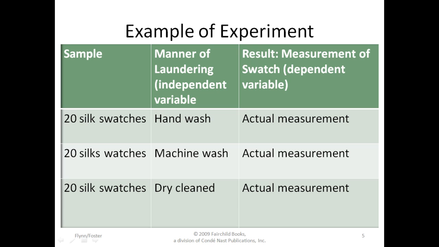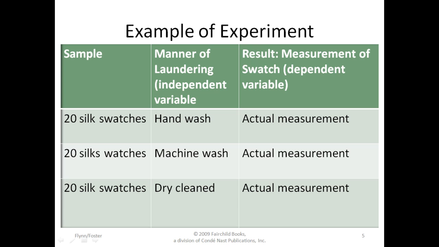Now let's do an example of an experiment to reiterate the difference between the independent and dependent variable. In our example, we're going to look at washing or laundering identical silk swatches to analyze the best method of laundering.